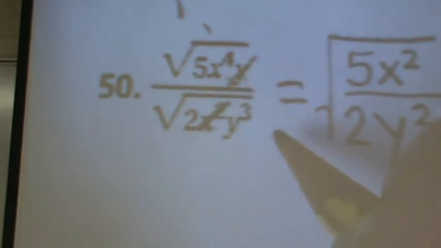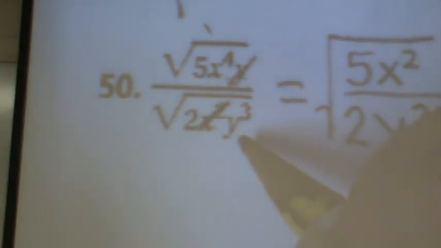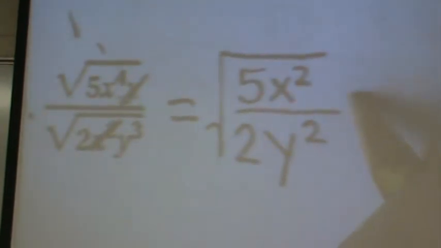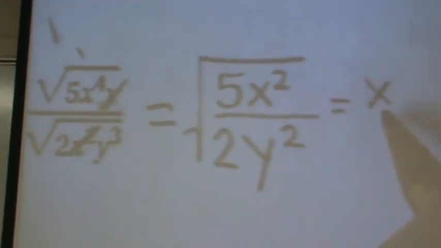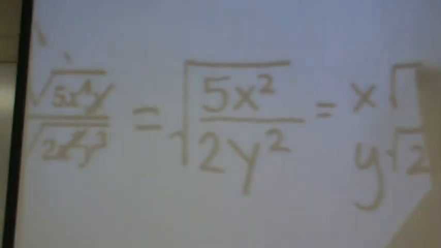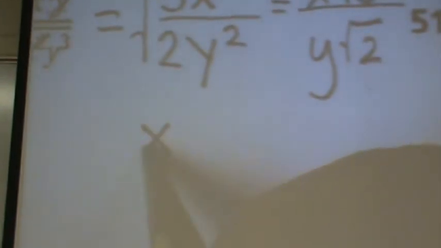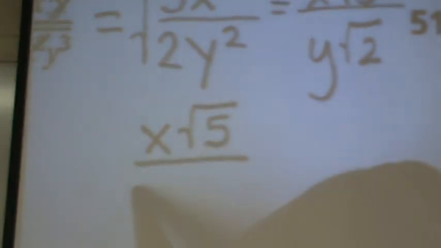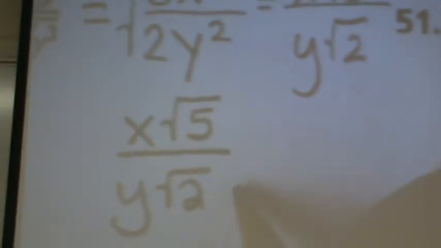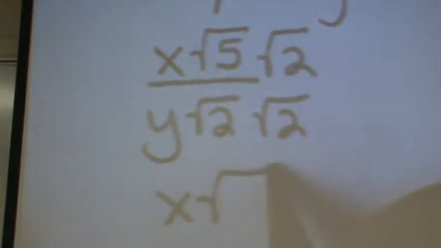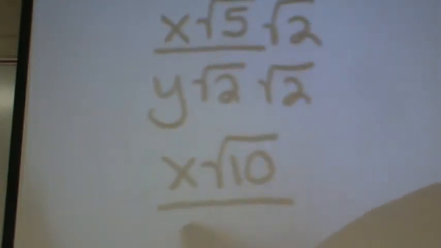This y is going to cancel with 2 y's, 1 y here. And now I would take out, because it's square root, one of the x's out here, a y out here, so you have square root of 2 and square root of 5. Now all you have to do is rationalize this denominator. So multiply by square root of 2 over square root of 2, so your answer is x root 10 over 2y.